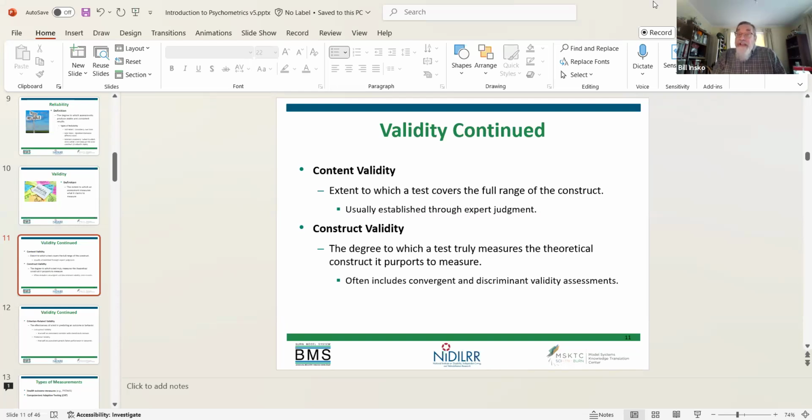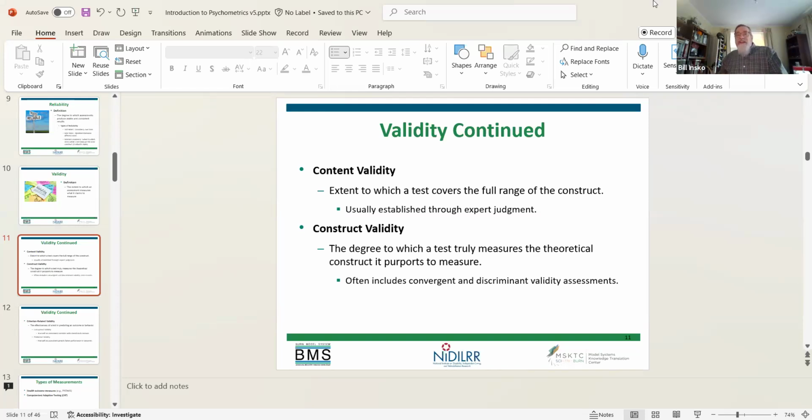And this almost predominantly includes using expert judgment. So you have math teachers writing items, you have clinicians writing items for the surveys that are used in different healthcare scenarios. And so content validity is one of the easier ones.